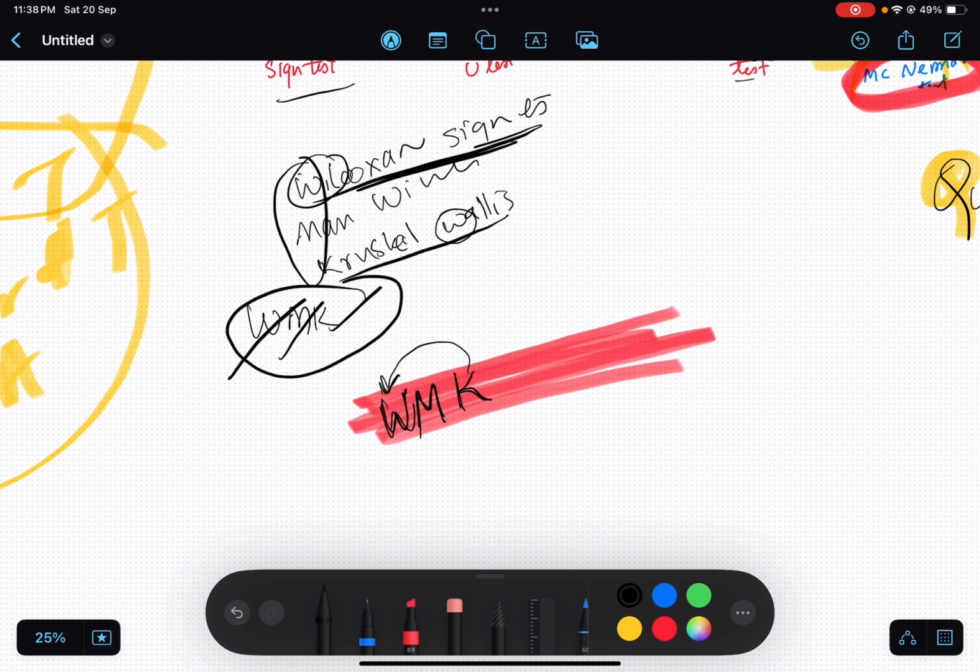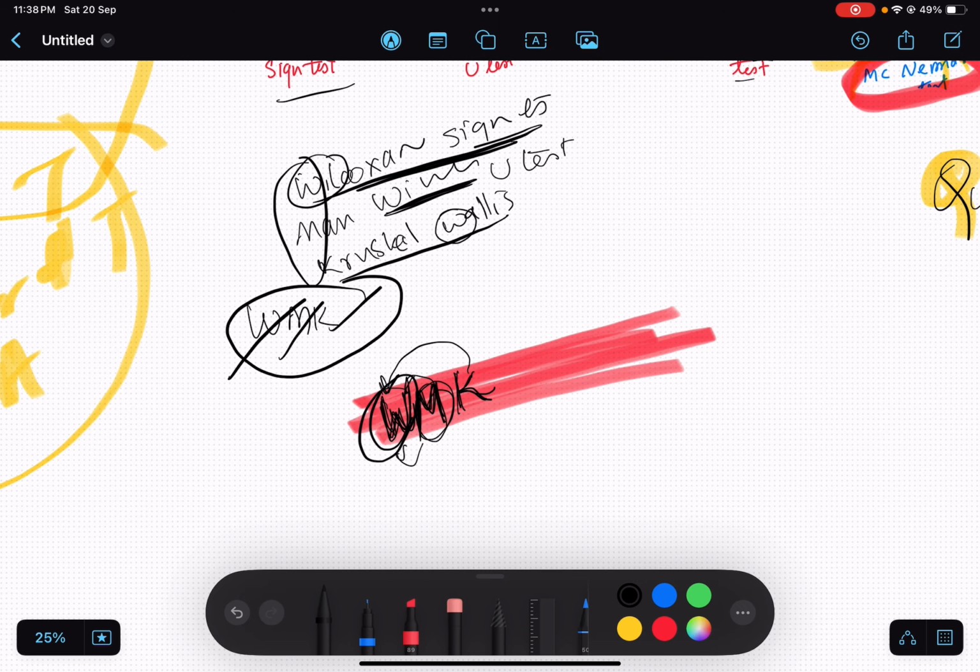Wilcoxon sign test, W is there. Mann-Whitney U test, here also W is there. So Wilcoxon sign test, Mann-Whitney test, Kruskal-Wallis test. WMK, something with W is there.